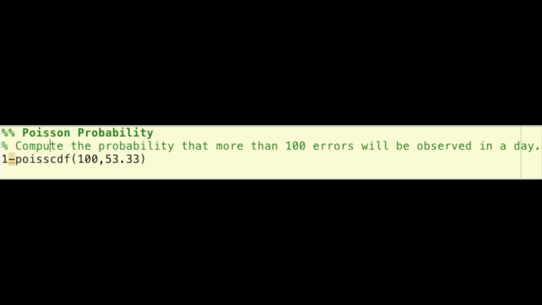So we do this by using this poissCDF function to compute the probability of 100 or fewer preferred outcomes being observed in that interval, and then we compute the complement of that probability by subtracting it from 1 in order to find the probability that there will be more than 100 preferred outcomes during that interval.